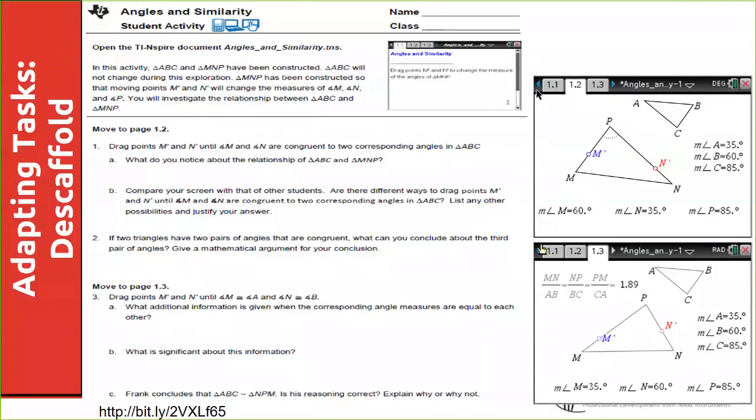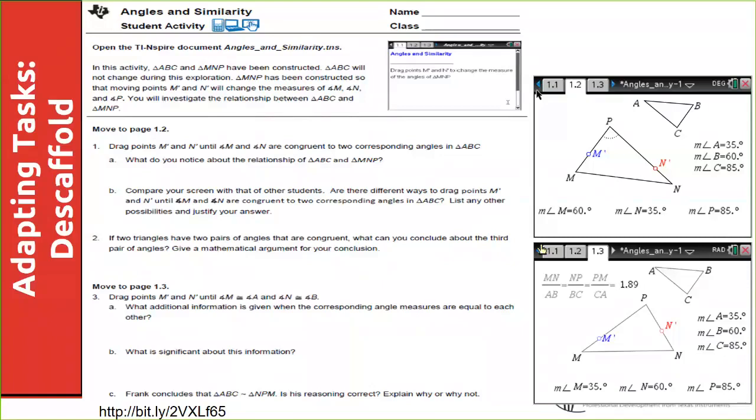The strategy here, and again, they're renumbered, is that when you go to page 1.3, students still see the significance of what happens when you do have the corresponding triangle, but this page will actually also give you the incorrect ratio if you create the triangle that you see on the top here on the lower page, and you'll get a ratio that's not the actual ratio.